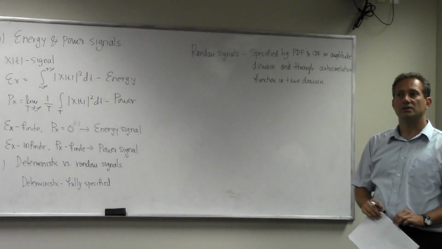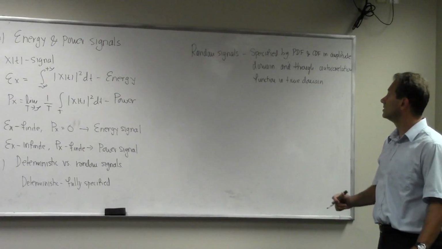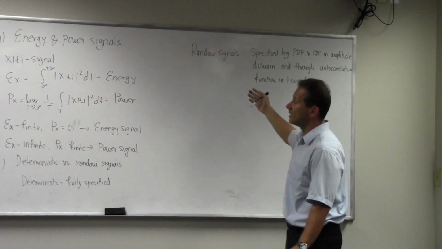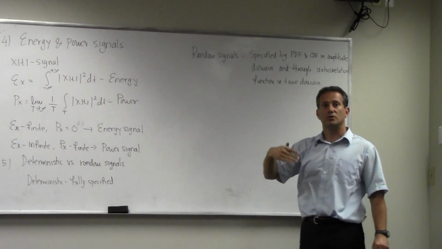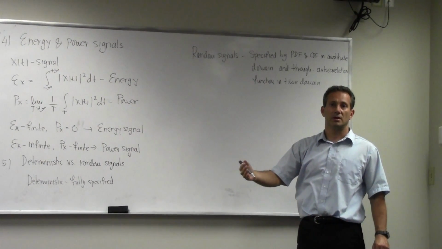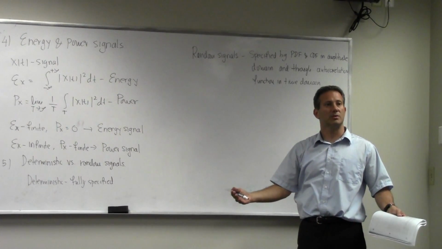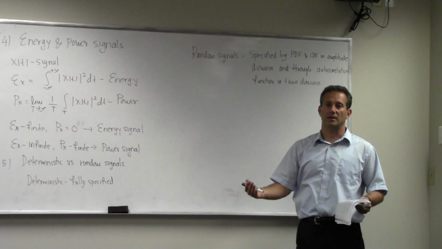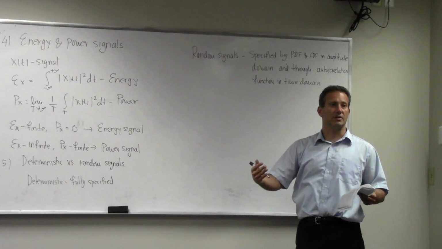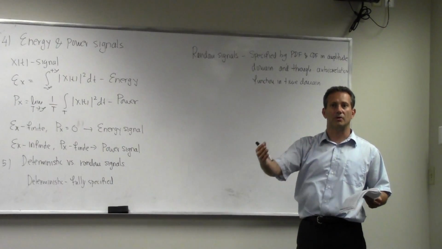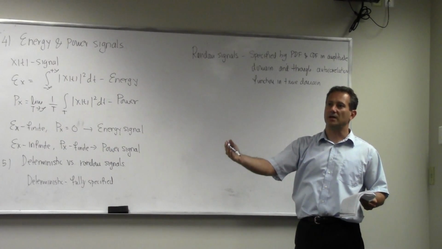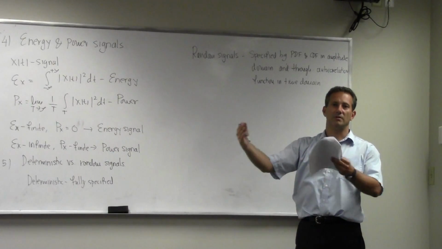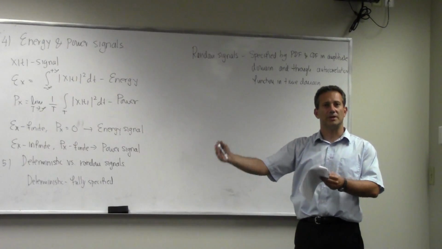A lot of our communication systems, a lot of our control systems, are actually designed to handle signals that we don't know a priori. For example, if you look at your voice communication systems, they're designed to handle voice. And that as a category is a random signal because you don't know a priori what somebody is going to say. Otherwise, it wouldn't even be worth putting the system together.